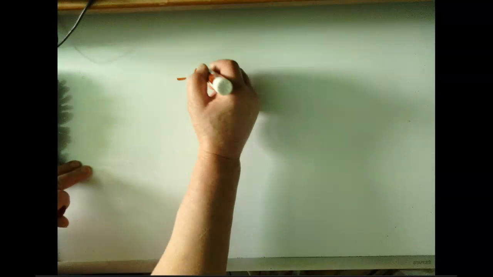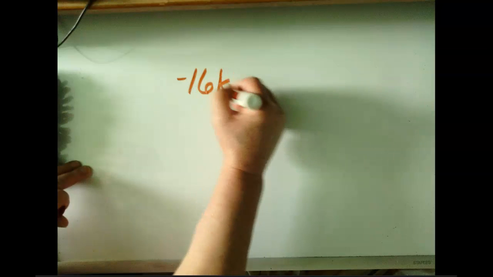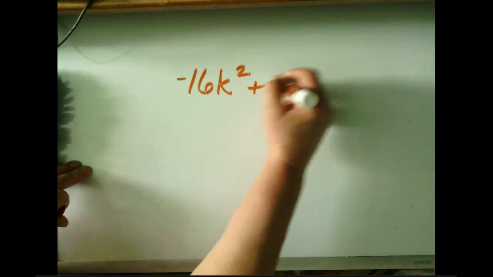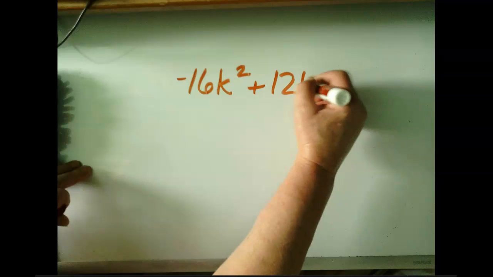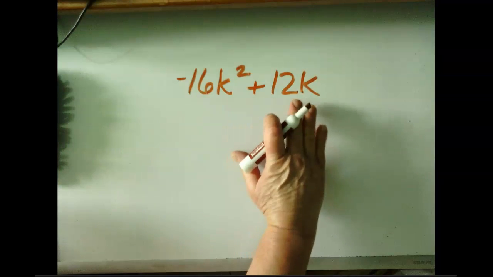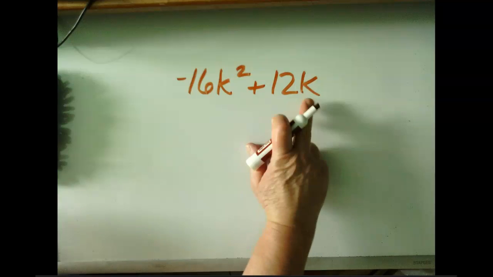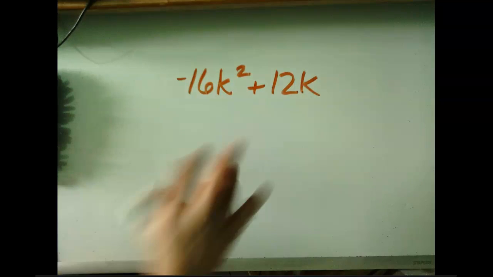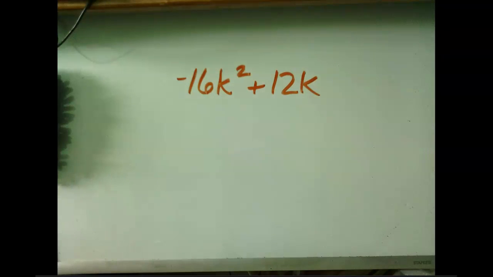We have a negative 16k squared plus 12k. Okay? So we have a combination in both of these terms of variables and numbers. So let's start with the variables.